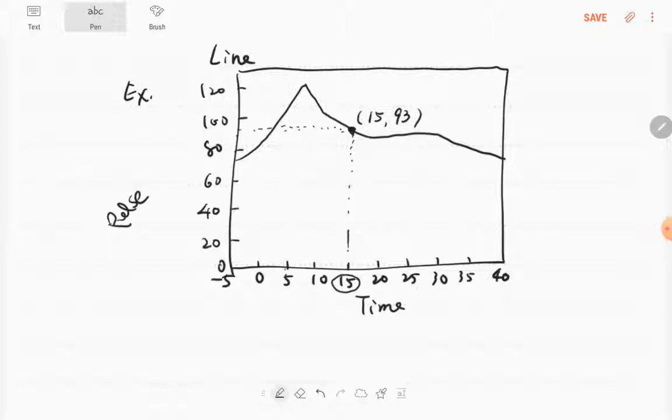That will be 93 in this case. After that, we can use the ordered pair of numbers (15, 93) to represent this point. So this is for the line graph. Okay.